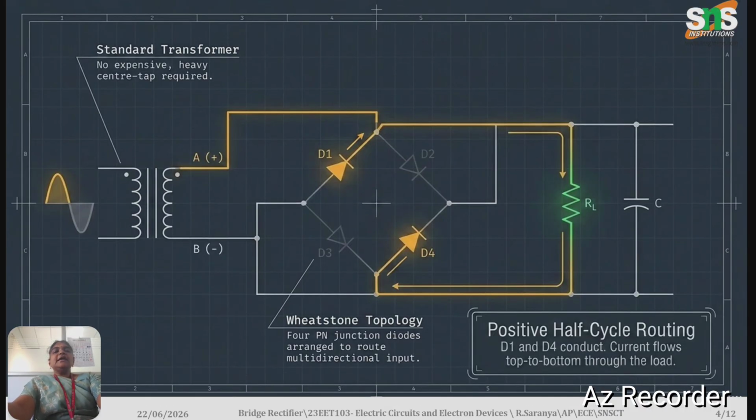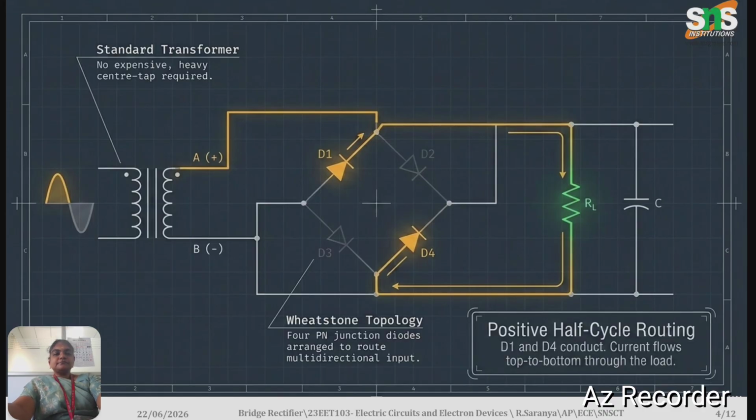Coming to the working of the bridge rectifier, when the positive cycle of AC is given as the input to the transformer, the diodes D1 and D4 are forward biased and the current flows through the circuit, and the output is measured across the RL resistor.